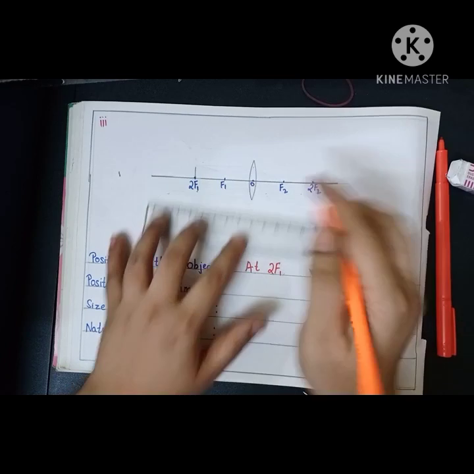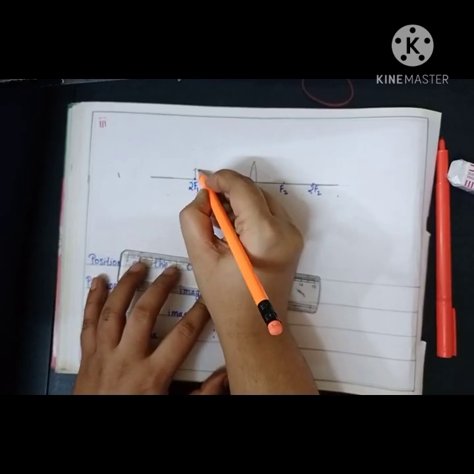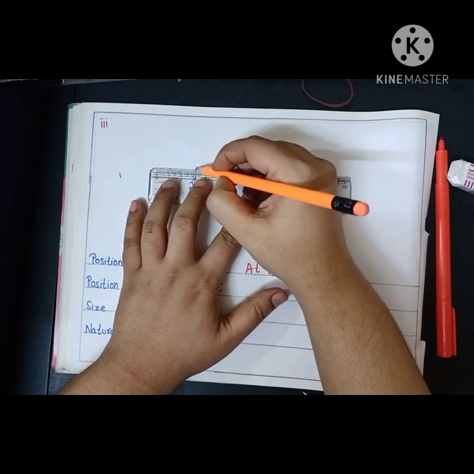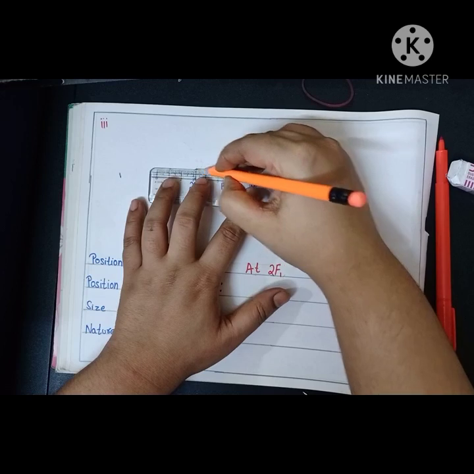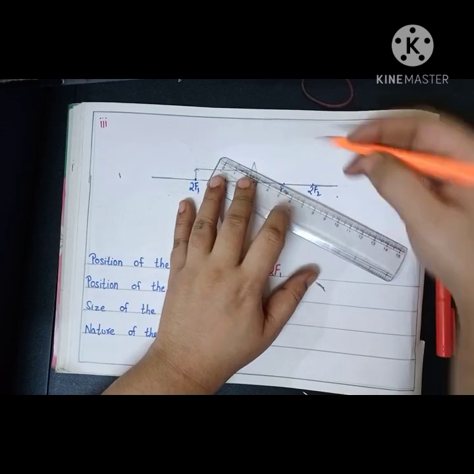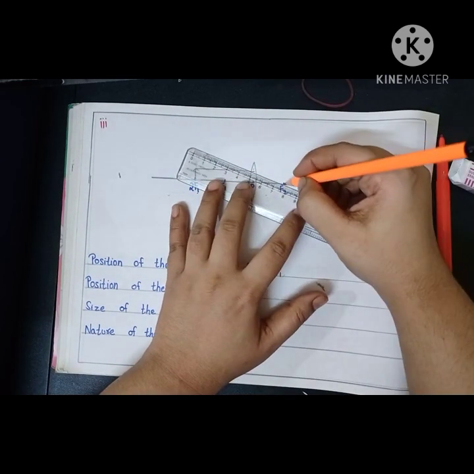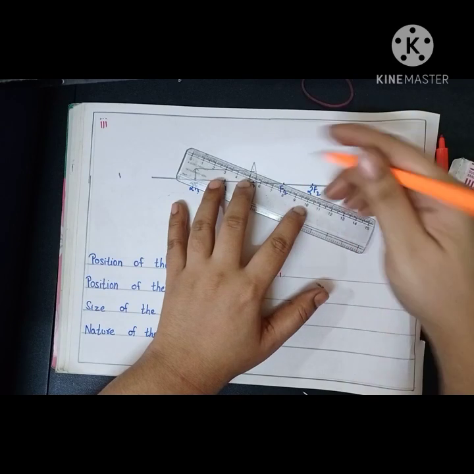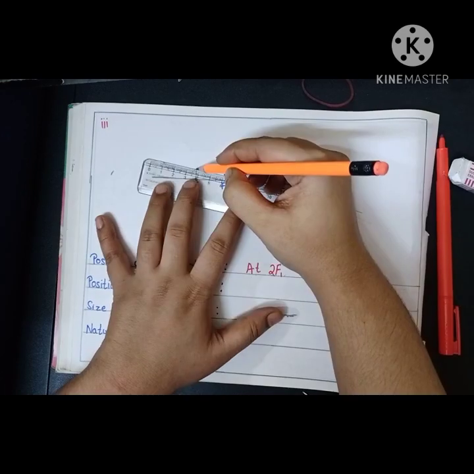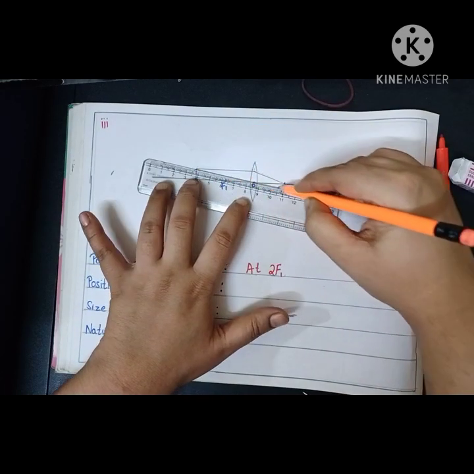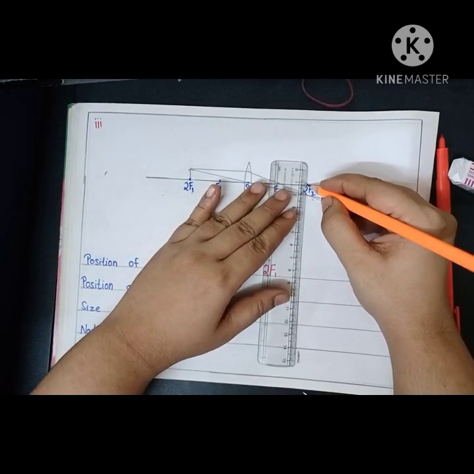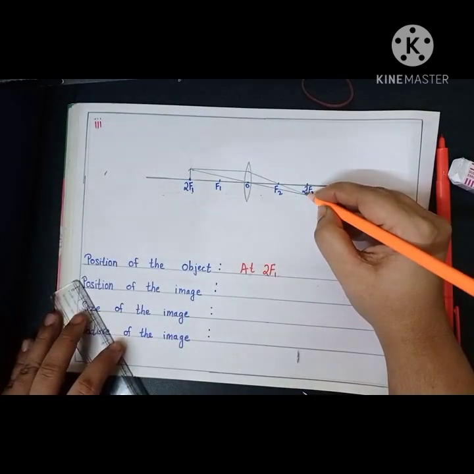Now following the rules, incident ray parallel to principal axis, refracted ray will pass through principal focus. Second, incident ray is passing through optical center undeviated. It intersects here at 2f2.